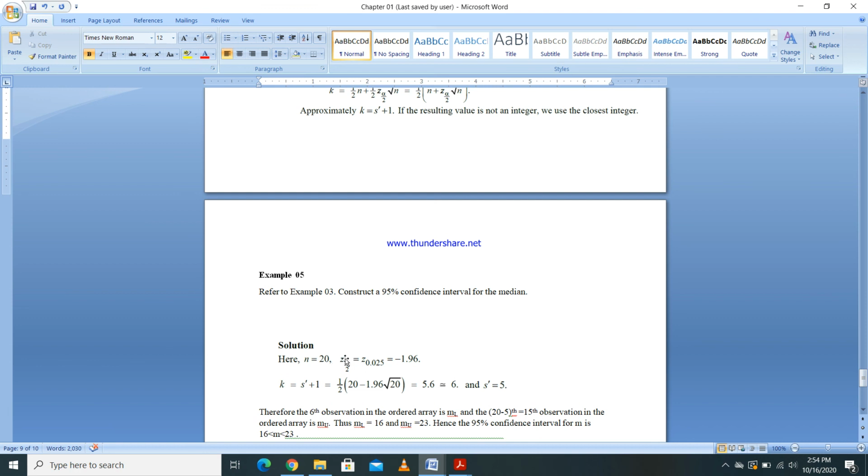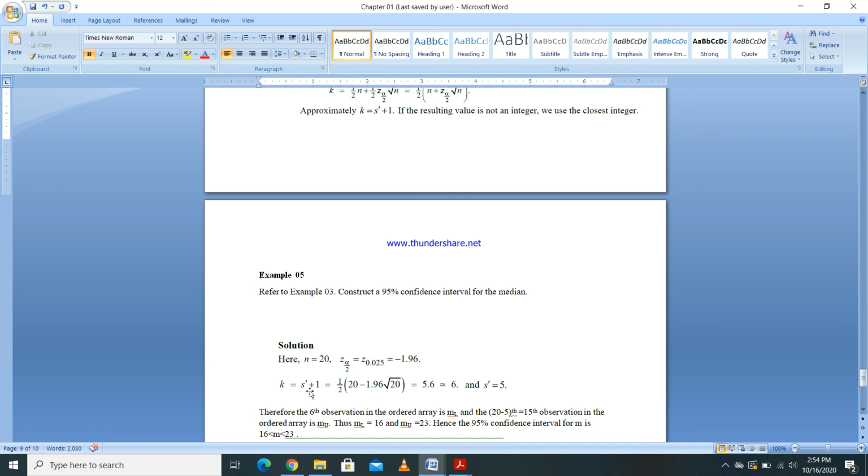If you take alpha as 0.05, Z alpha over 2, that is Z 0.025, is minus 1.96, because in the standard normal table the area from minus 1.96 to minus infinity is 0.025. That's the value we want.